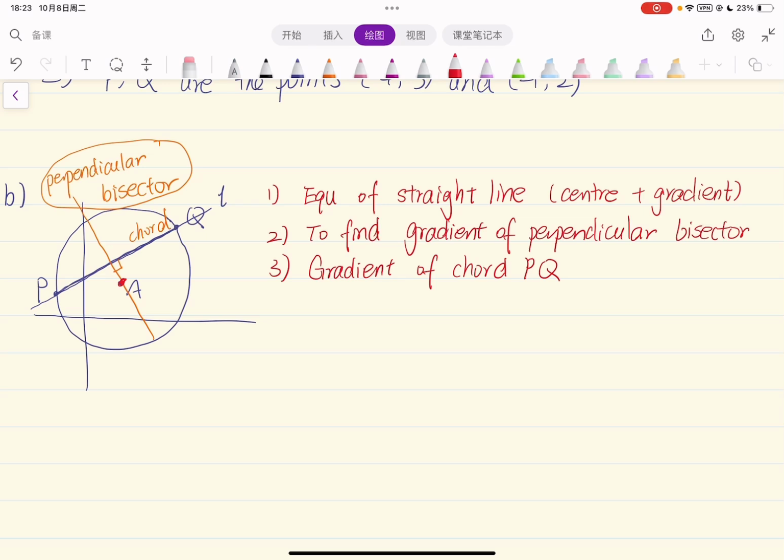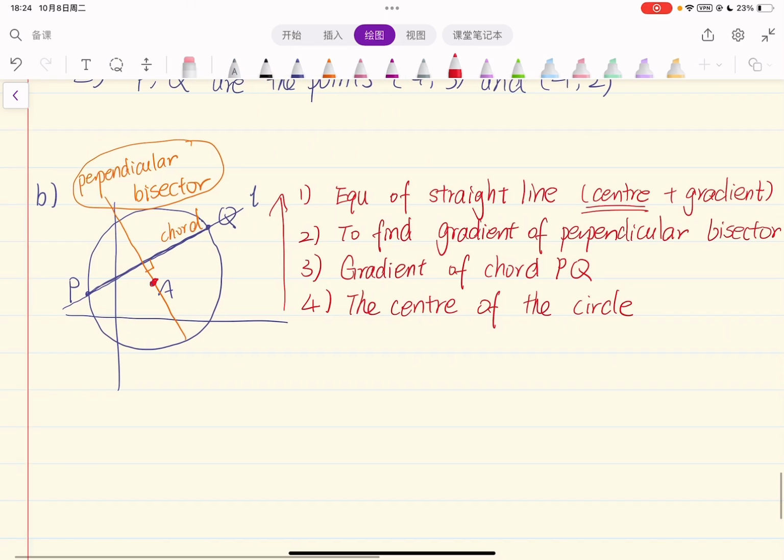Well, we also don't know the center of this circle, so we also need to find the center of the circle. So from step 4 to step 1 upwards, this is the whole process. Now let's do it.